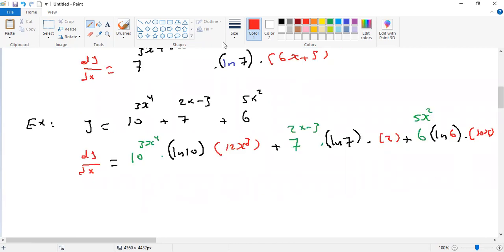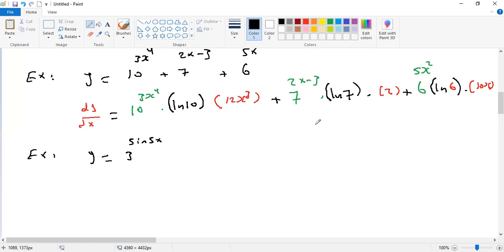And sometimes, students, the power in the exponential could be a trigonometric function, sine or cosine. For example, if I say y equals 3 to the power sine 5x. To find the derivative here, again, the base is 3 and the power is sine 5x.